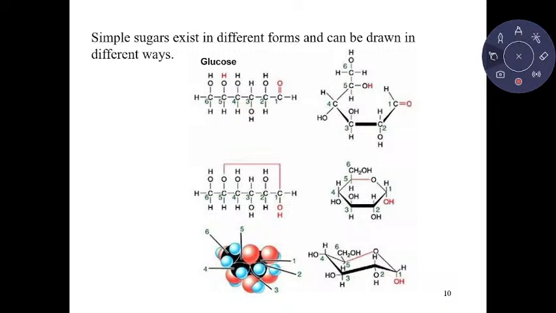They can be shown as a chain, or as a cyclic molecule, or in 3D. This is a glucose molecule, and we can draw it in different ways.